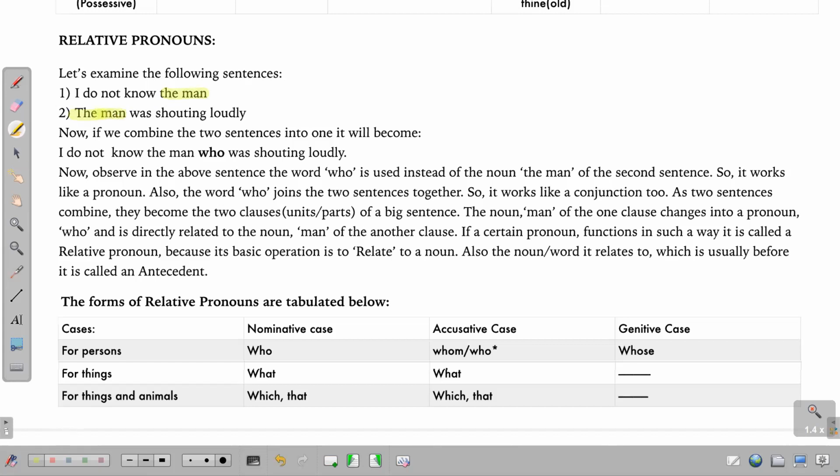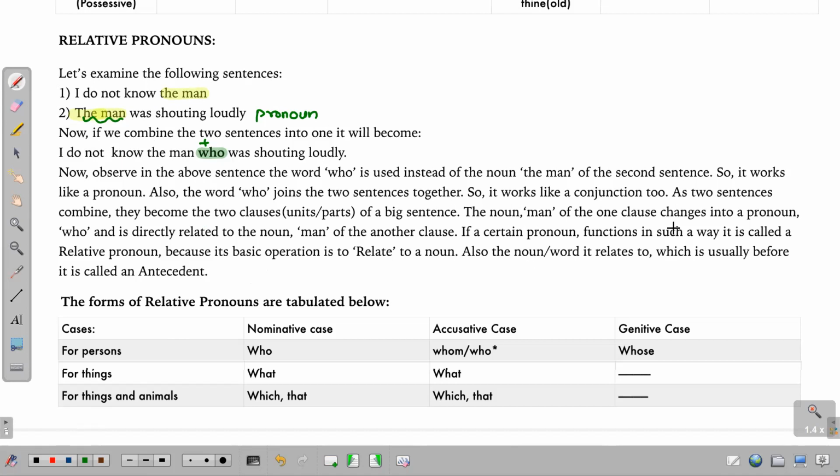Now, if I combine these two sentences into one, the sentence becomes: I do not know the man who was shouting loudly. Now, what happens to this who? It definitely replaced the man, so it acts like a pronoun, but it also acts like a conjunction as it joins the two sentences together. Remember, conjunctions are the words that join two words or two phrases or two clauses or even two sentences.